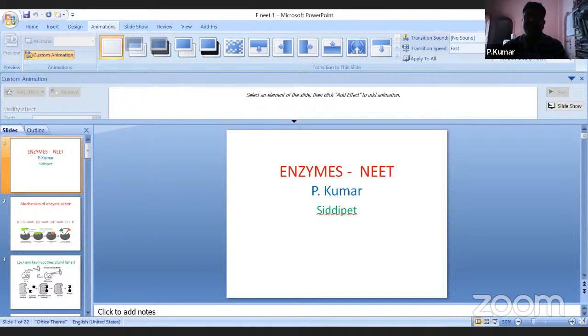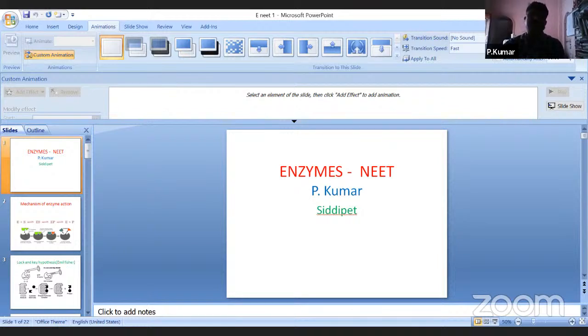But this theory is a failure theory. Why? Because it does not explain enzyme specificity. For example, the urease enzyme generally shows specificity and reacts only on urea.